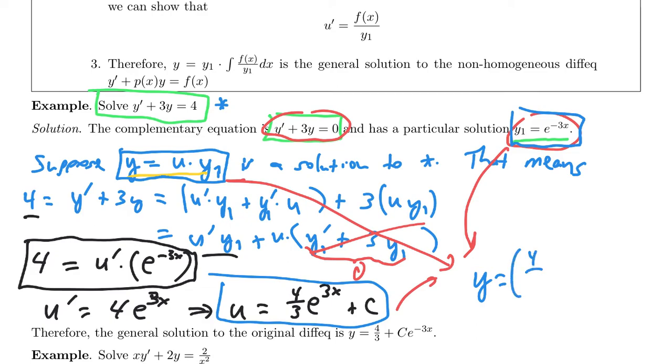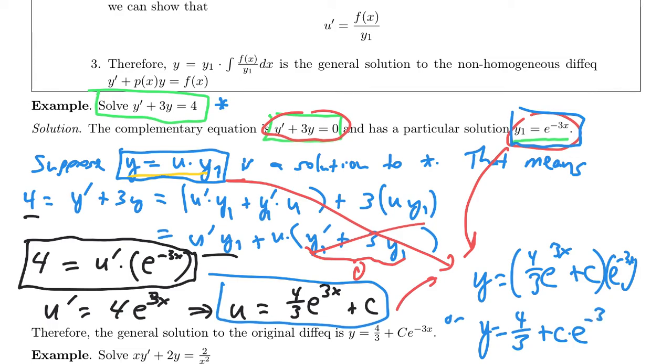So that means the product of 4/3 e to the 3x plus c times y1, which is e to the minus 3x. And I can multiply that e to the minus 3x through, and I'll get y is 4/3 plus c times e to the minus 3x. And that's exactly what we got before when we used the integrating factor method.